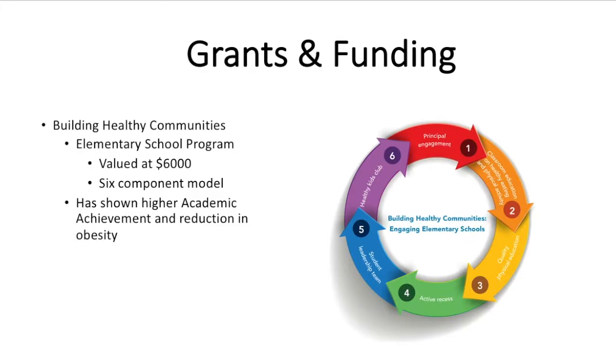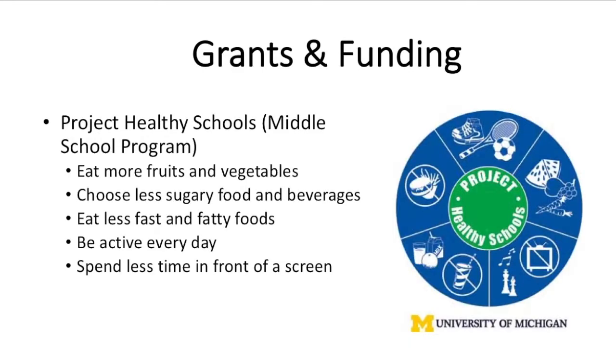We've also done research that shows that schools that participate in Building Healthy Communities have higher levels of academic achievement. And we have found that kids were able to reduce obesity while they were participating in the program. So that's the elementary program. If you're interested, talk to me in class if you have a school that you would be interested in applying. Those are going to be due in March.